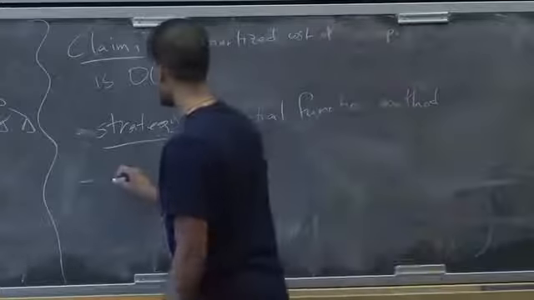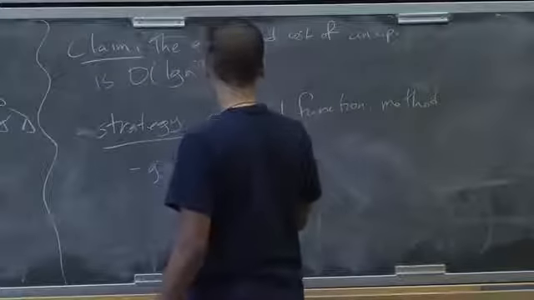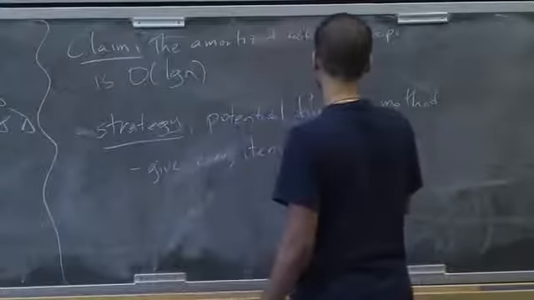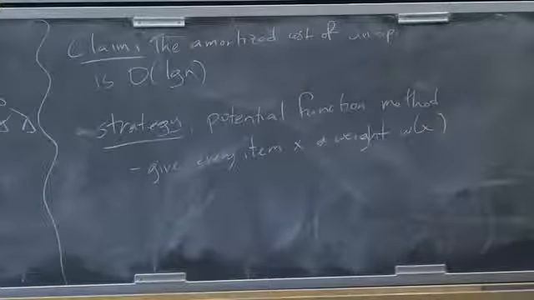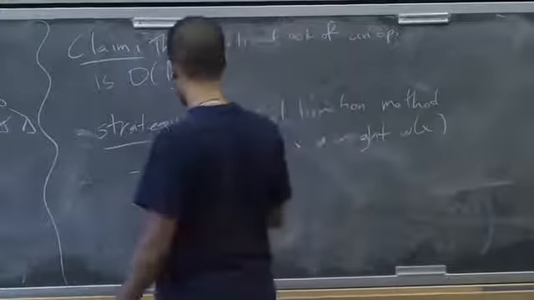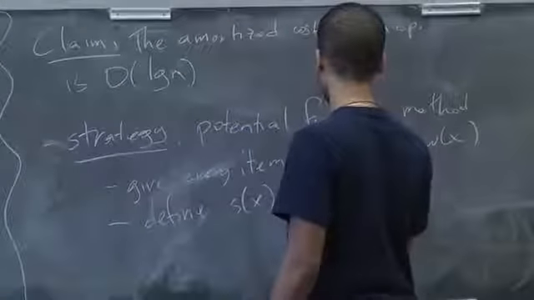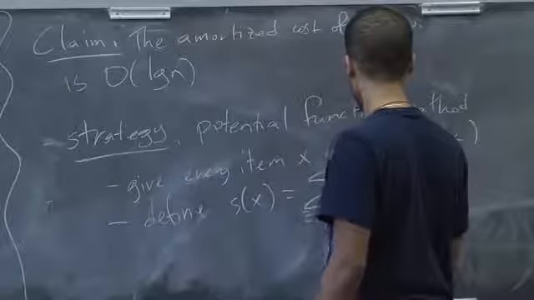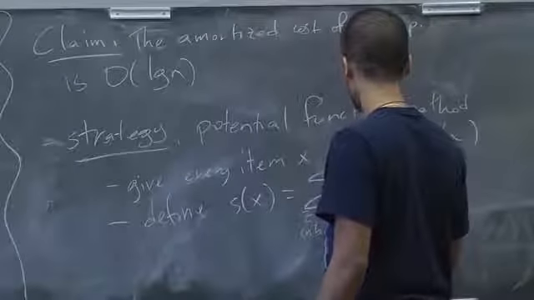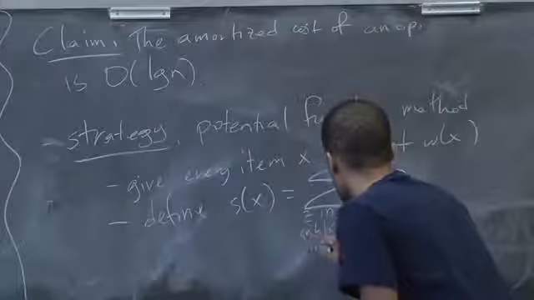So we're going to give every item x a weight w_x. We're going to define s of x as being the sum over z in x's subtree of the weight of z. So this includes x itself.